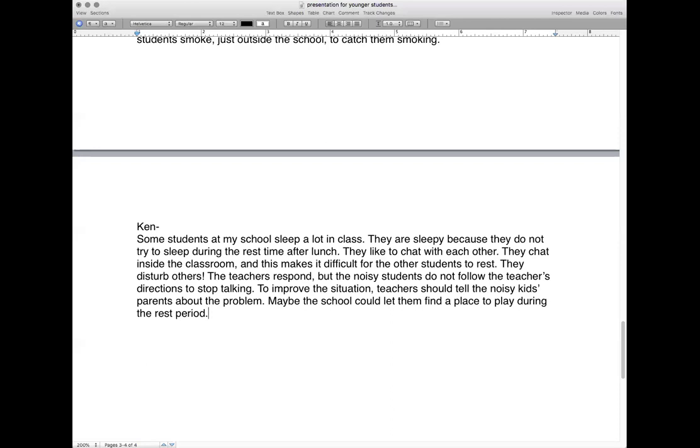They disturb others. The teachers respond, but the noisy students do not follow the teacher's directions to stop talking. To improve the situation, the teachers would tell the noisy kids' parents about the problem. Maybe the school could let them find a place to play during the rest period.